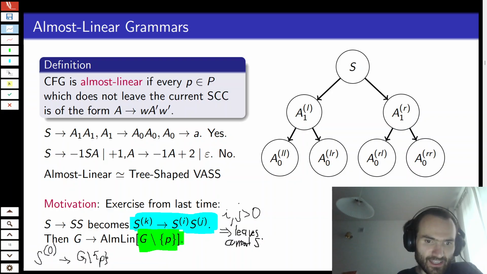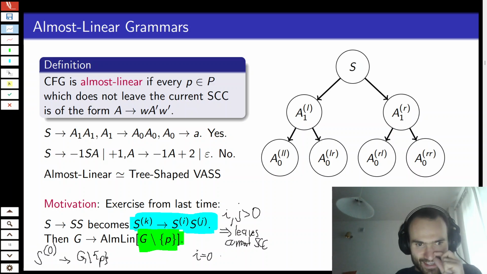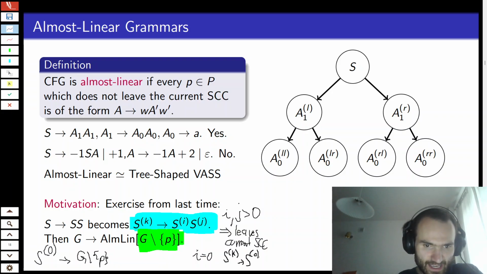So since it leaves the current SEC, it does not have any influence on being almost linear or not. However, the interesting case is, what if i equals 0? Well, if i equals 0, then this means you have a rule that says S_k goes to S_0 S_k.